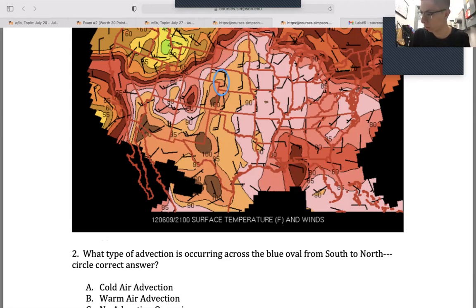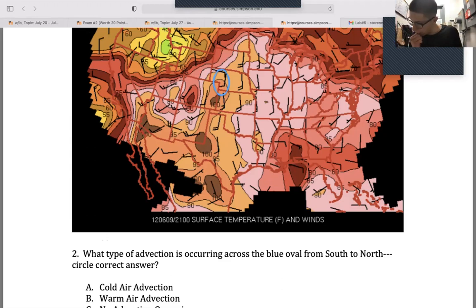So that's a 10 degree change in temperature, and we know that it's coming from south to north, and the south is 10 degrees hotter than the north. So eventually it's going to be 100 degrees. It's going to change 10 degrees, and that is warm air advection moving horizontally in the atmosphere towards Omaha, Nebraska.